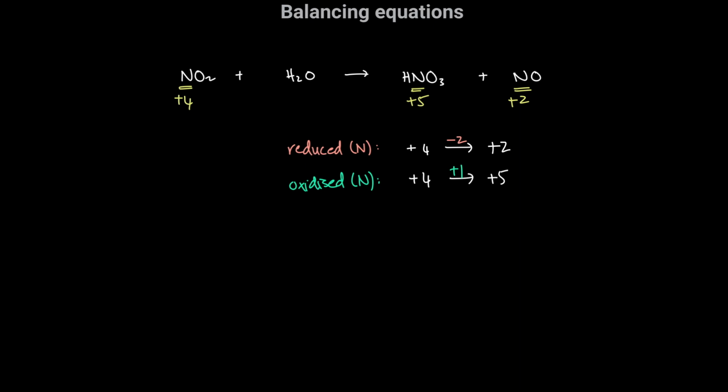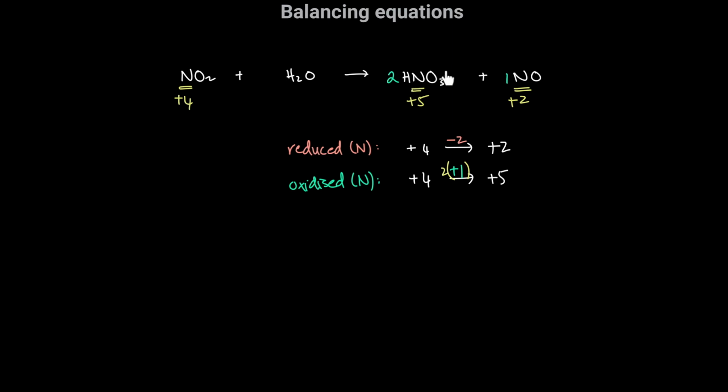So here we can say that for every 2 nitrogen atoms that are oxidized, that's in nitric acid, we're going to have 1 nitrogen atom that is reduced. So we're going to have 1 nitrogen monoxide.